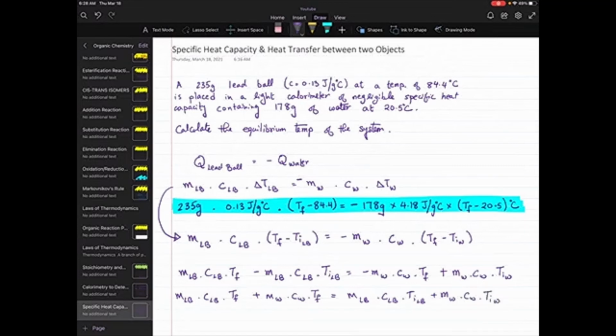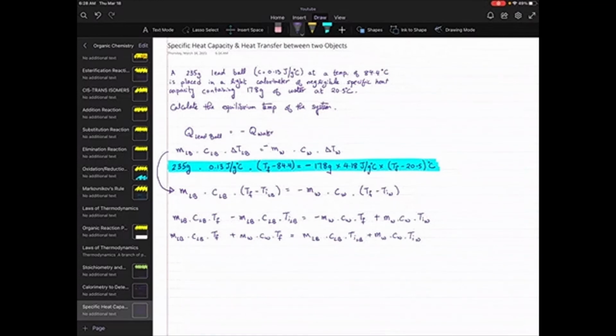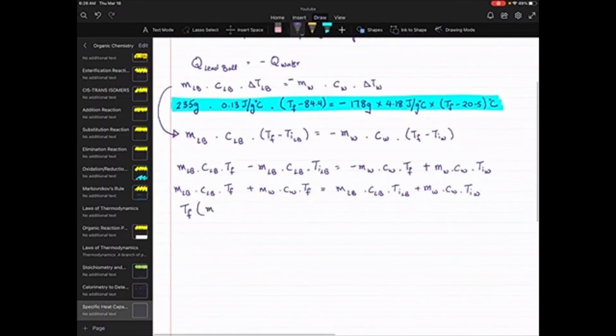So you see now the TFs are together and the TI values are on the right-hand side. Continuing on with our algebra, we are going to take TF common outside, and what we get is M of LB times C of LB plus MW and CW is equal to this whole component.